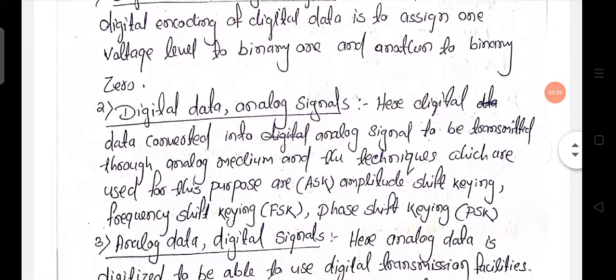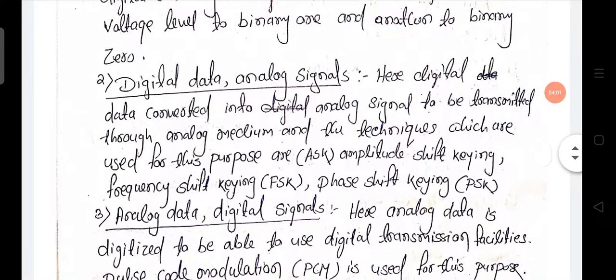Next, digital data and analog signal. Here the digital data is converted to analog signal to transmit in an analog medium, that is, to use the analog transmission facilities.